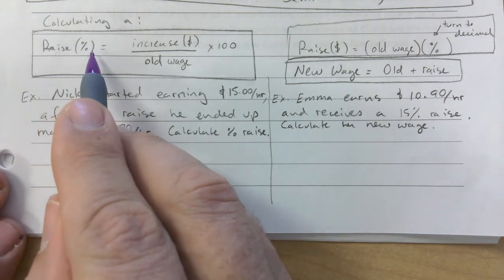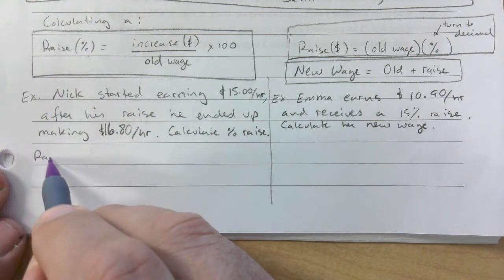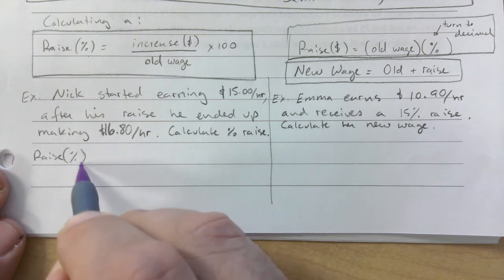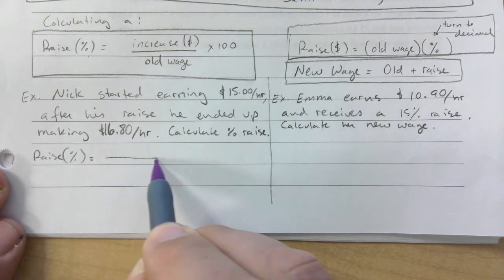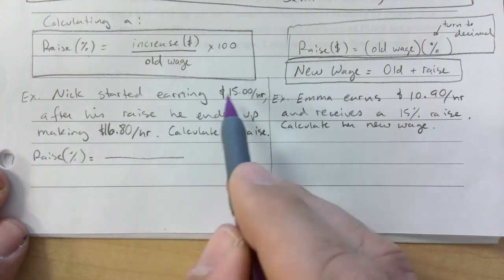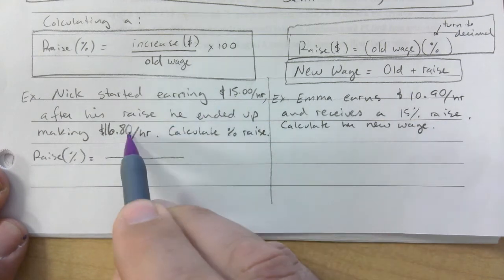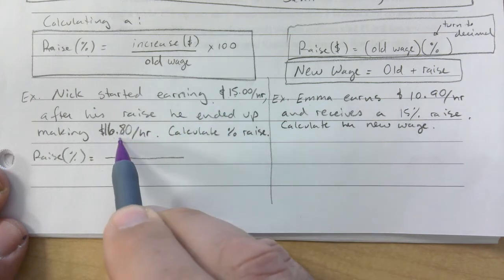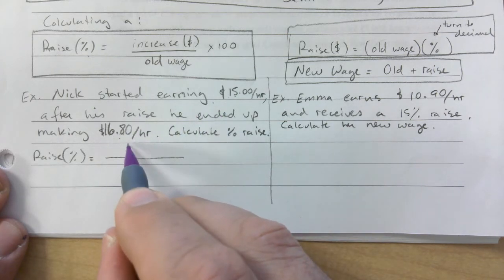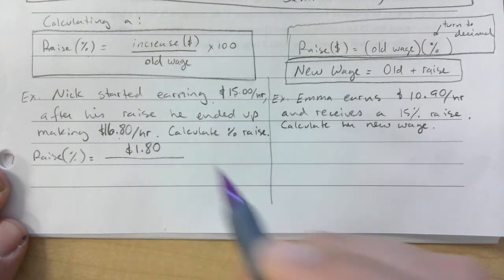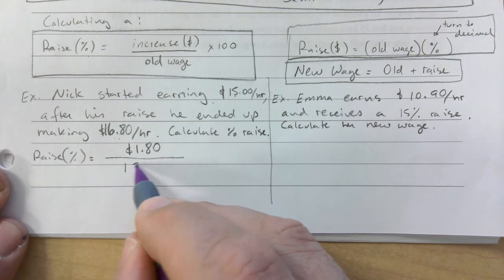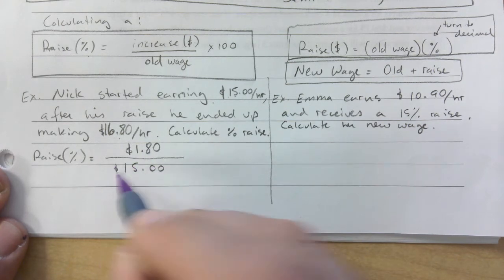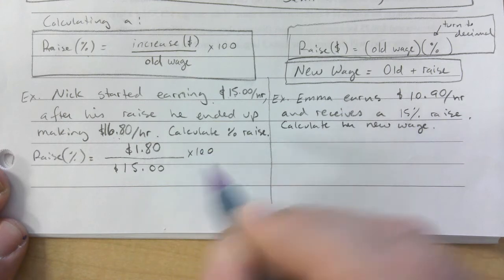So you want the raise as a percentage. How much of an increase did you get, right? This one is fairly easy to see. It's $1.80 of an increase. So you go $1.80 divided by the old wage times 100.